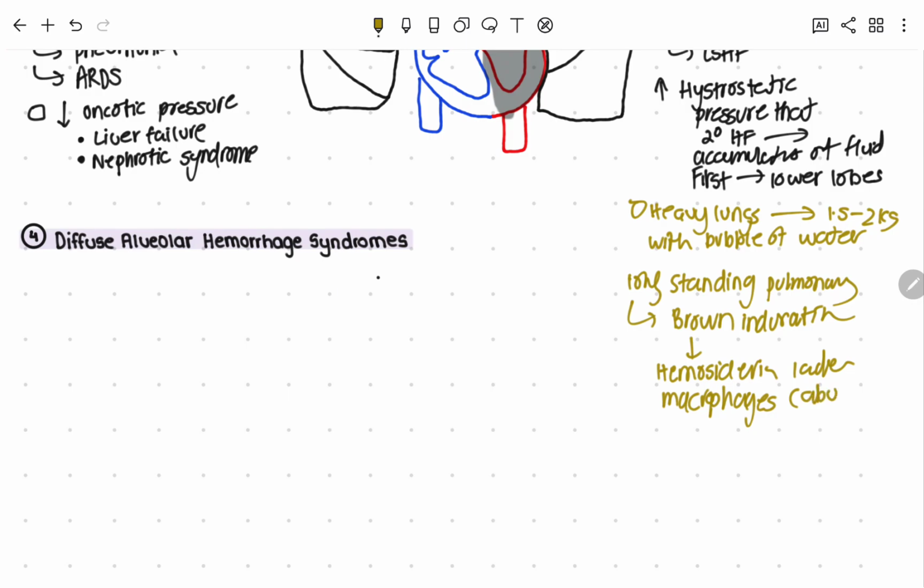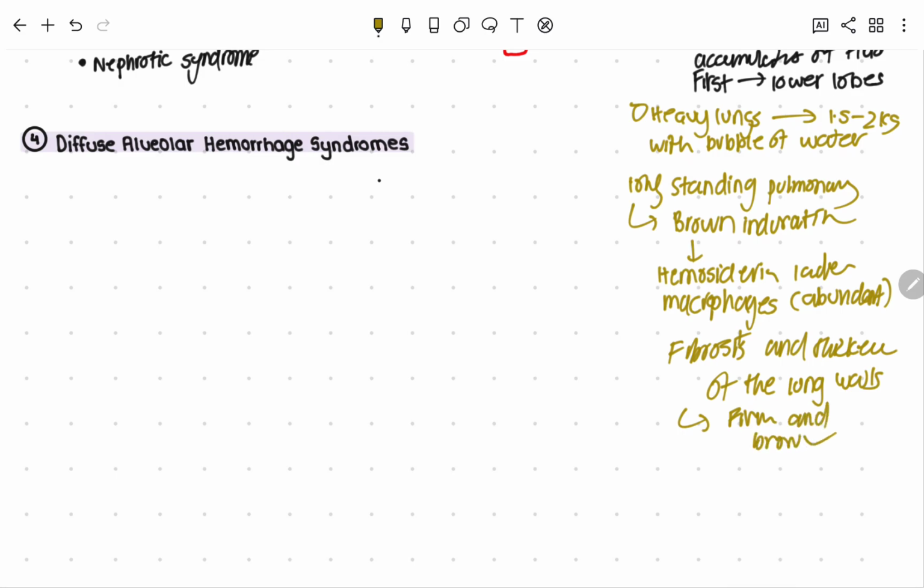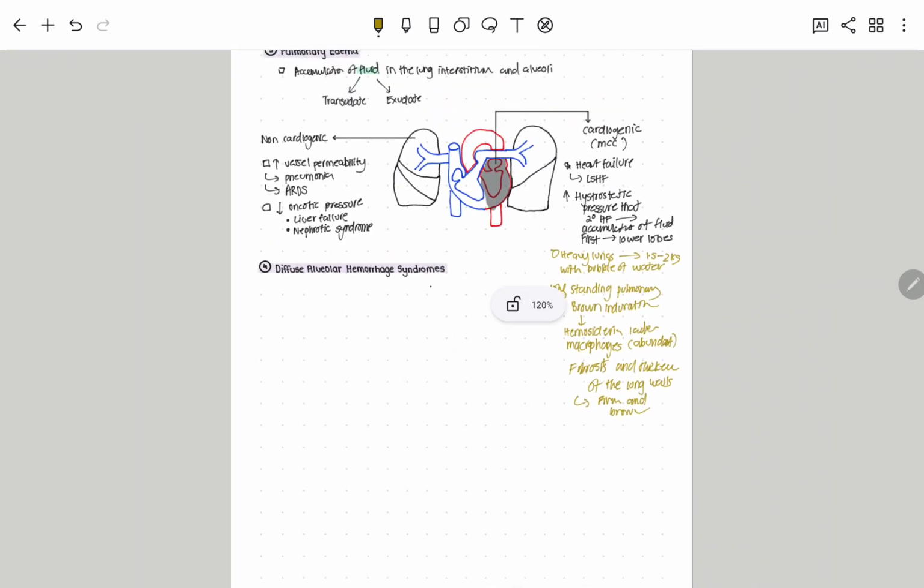These are abundant in this case, and the presence of these hemosiderin-laden macrophages with fibrosis and thickening of the lung walls results in this firm and brown appearance that we call brown induration of the lungs.